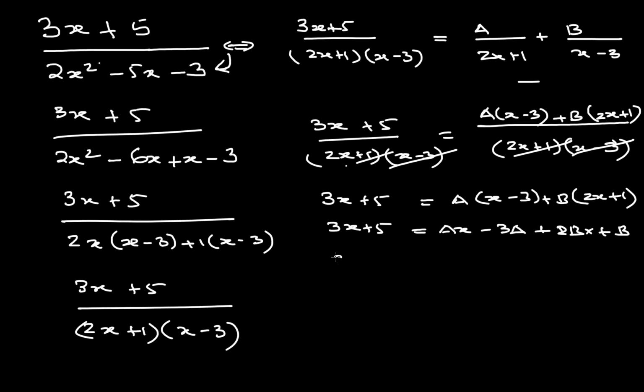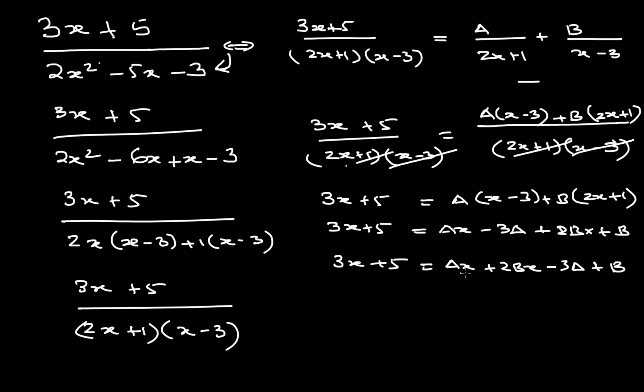I'll now collect the like terms, equal to ax plus 2bx, like that. Then I'll have 3 minus 3a, plus this is just b, so we'll say b here.